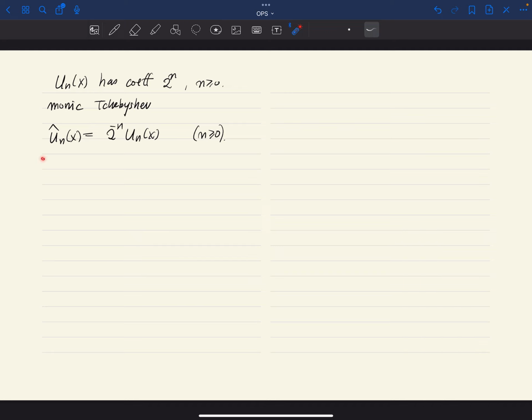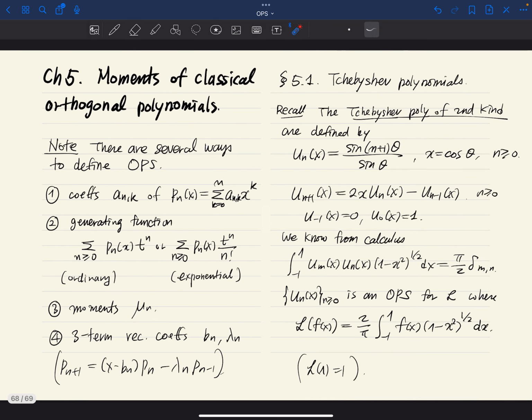Because we divide this by 2 to the n, we can get a recurrence from this. If you divide both sides by 2 to the n plus 1, then we get the recurrence like this.